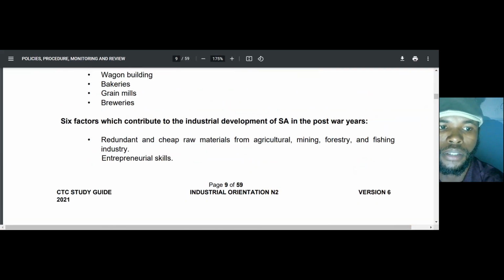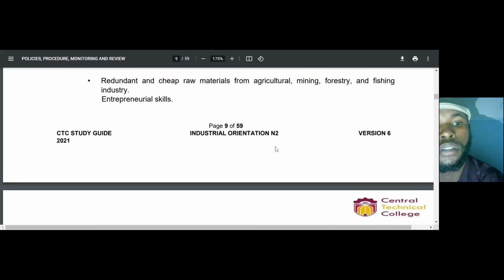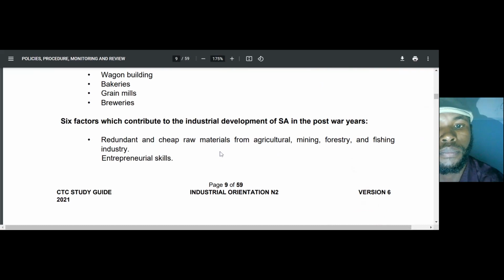These are the 6 factors which contribute to the industrial development of South Africa in the post-war years. When they ask you this question, guys, they will need all 6 of them.